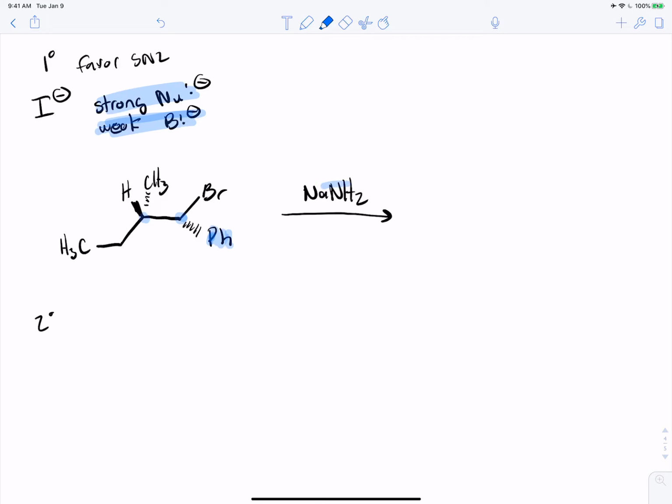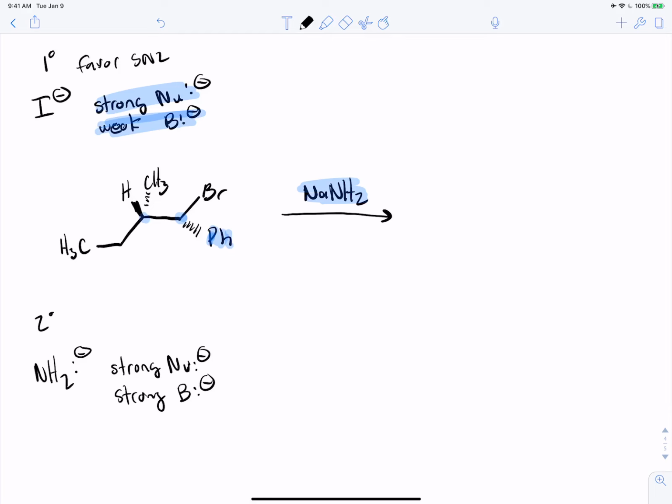We have to look at our reagent. What is our reagent? It's not really sodium amide. It's NH2 minus. And that is a strong nucleophile. It's also a strong base. Okay. So remember for secondary, the sterics are such that it slows the SN2 reaction down a little bit.